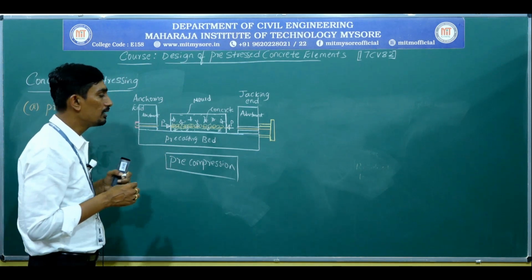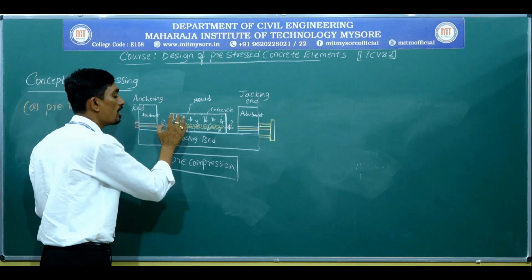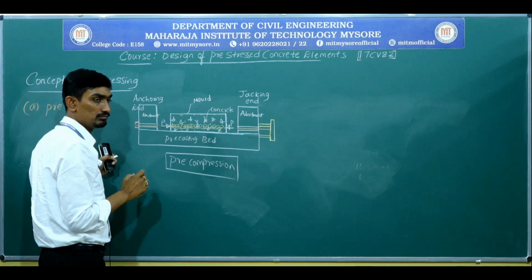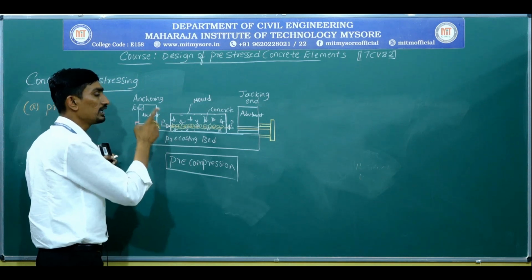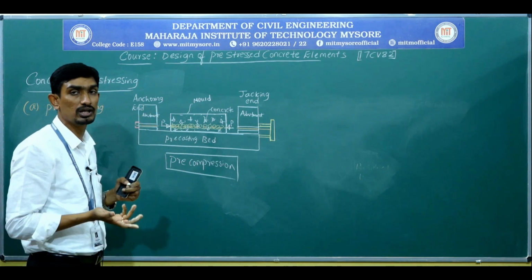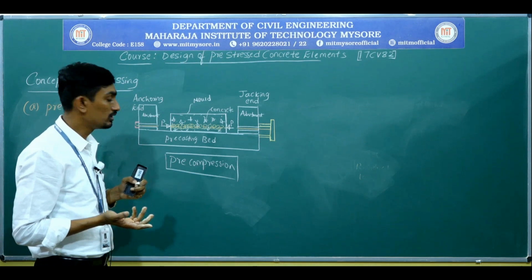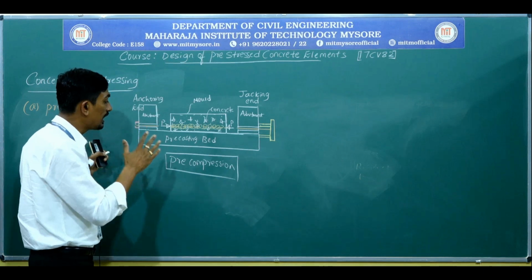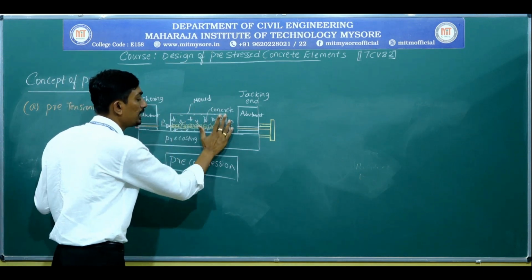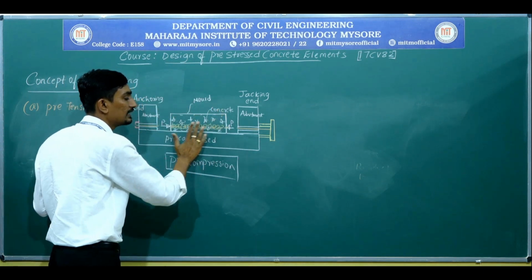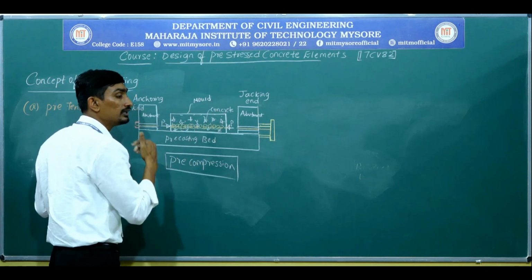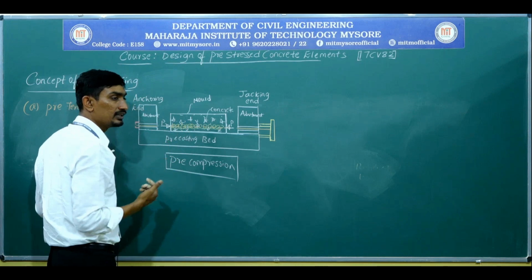This will be prevented by the concrete surrounding the reinforcement. The concrete bonded to the reinforcement will not allow the steel to regain its original length. So it will create a pre-compression inside the concrete, or internal stresses inside the concrete.